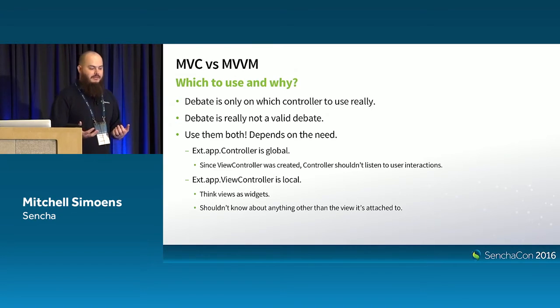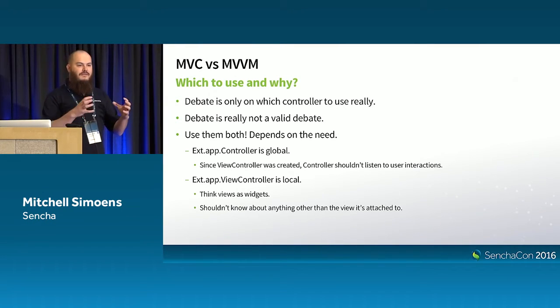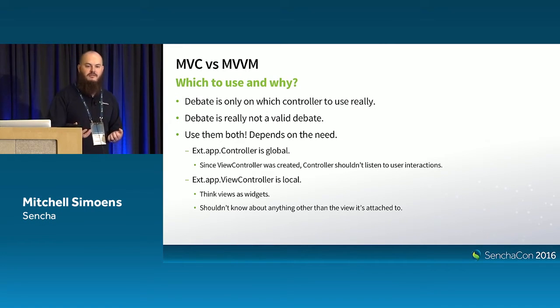I use them both. A view controller allows your view to be more like a widget. You think local, so that view and that view controller are tightly bound to each other, and that's fine. But your application may have global needs, and so a global controller still has its use case. So it's not either or. Go ahead and use an app controller if your application has some global use cases.